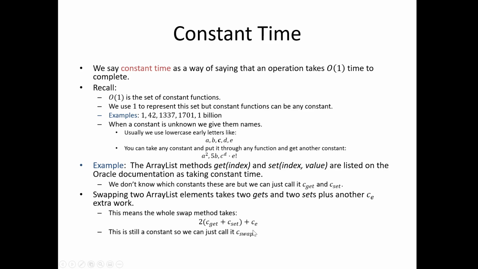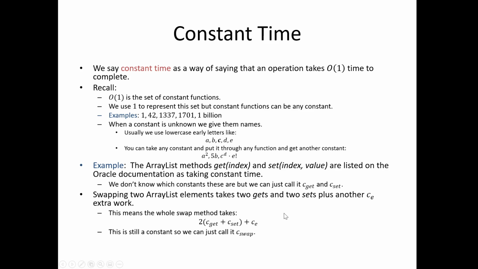I'm going to lump them all together, and maybe I'll just say, okay, the swap subroutine that I wrote also takes constant time. And I'm just going to call that one cswap, or something else if you have a different name you want to call it. And again, that makes it easier so that in our calculations we don't need to carry this conglomeration of other constants together. We'll just carry this one along, saving us some writing.